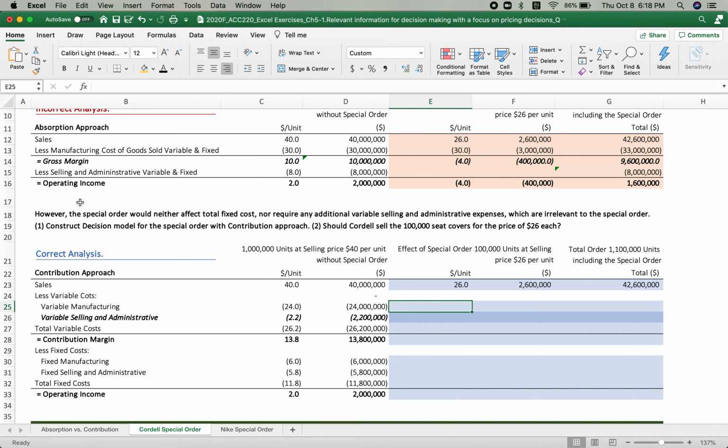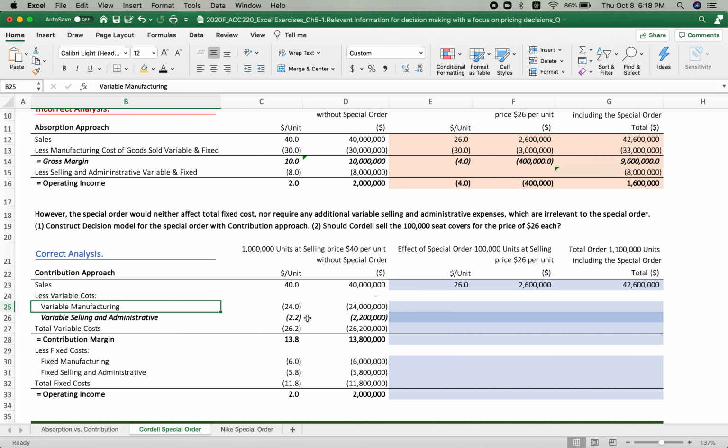Now let's do the variable manufacturing cost. Now we are not following the absorption approach. The absorption approach gathers all the variable and fixed costs for manufacturing or production. But now we gather only the variable cost, because variable cost usually has very similar cost behavior, but not in this case.